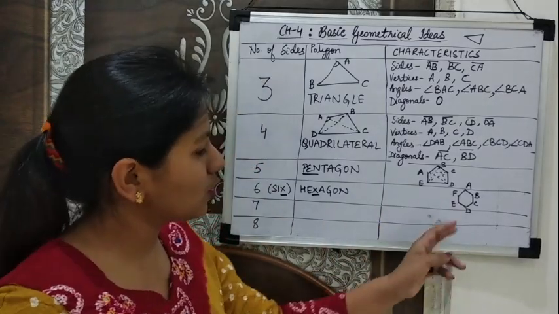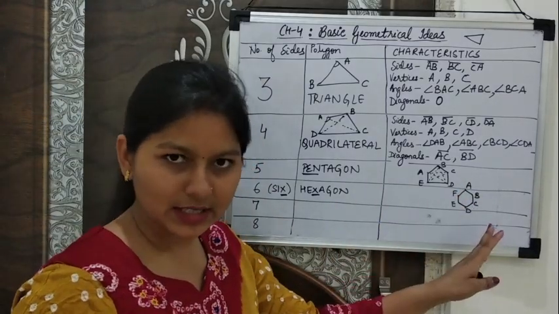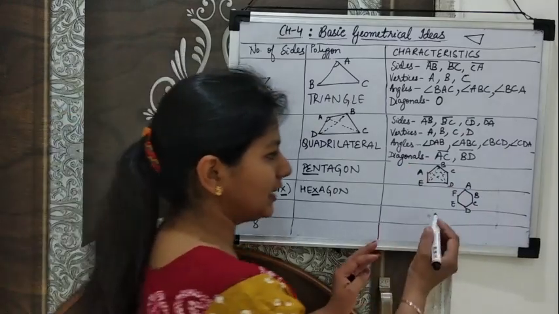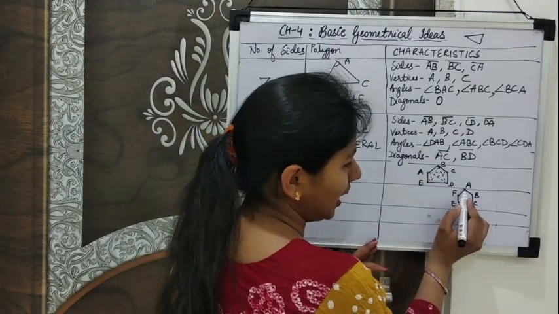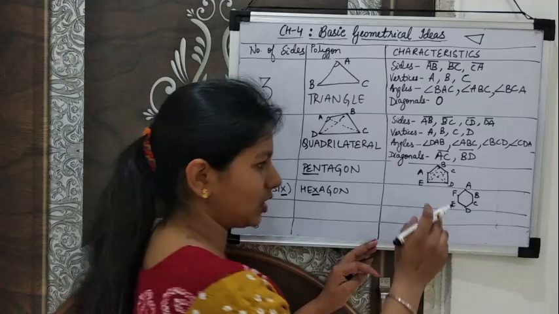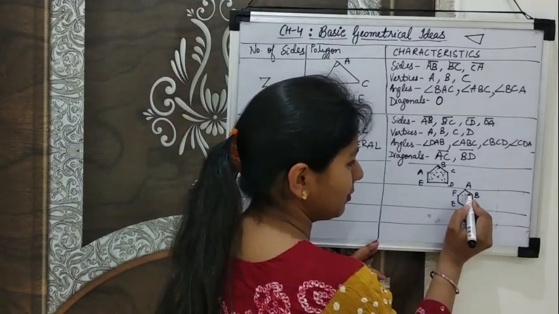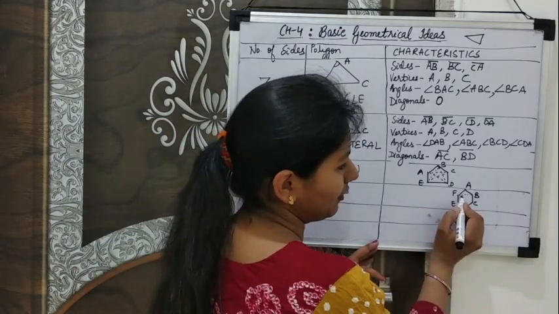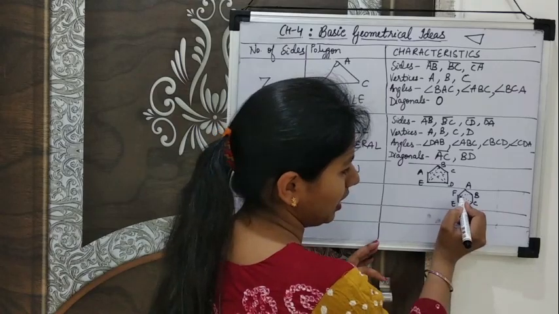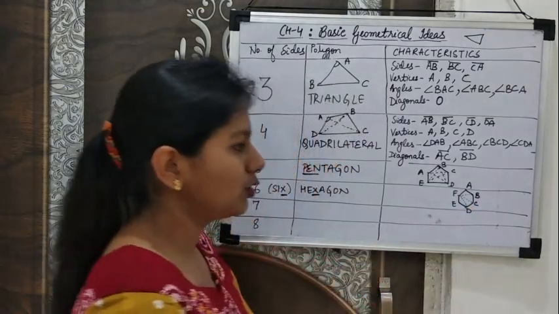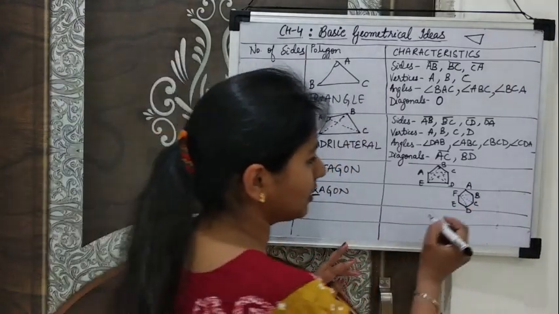In hexagon also, 6 sides, 6 vertices and 6 angles. And diagonals you can see: F we can also connect to A, but they are consecutive points. So F will be connected to B, F can be connected to C and F can be connected to D. So in this way 3 diagonals.